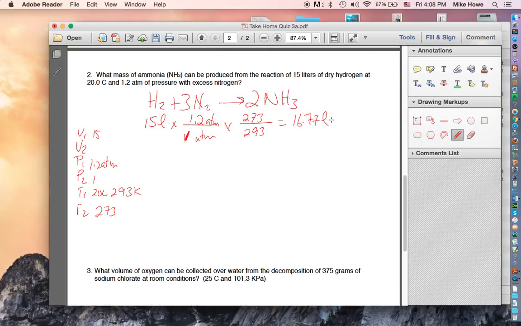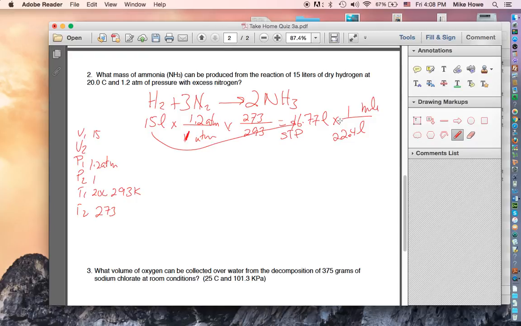So now we're going to change that many liters into moles. So put liters down here, put moles up here, and 1 mole is 22.4 liters. So why am I able to use that 22.4? Because I took this number and changed it to what it would be at standard conditions. I took the volume and adjusted it to standard conditions.